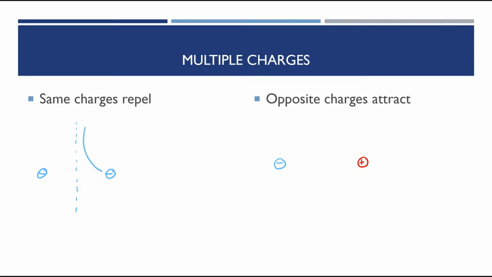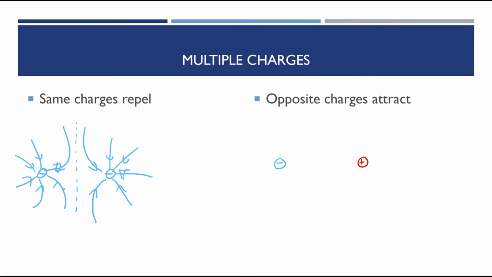And since they are the same charge, these electric field lines will want nothing to do with each other. So that's why we get this repulsion state. And remember, they're negatively charged, so they're pointing in. And that's where we get this repulsion.